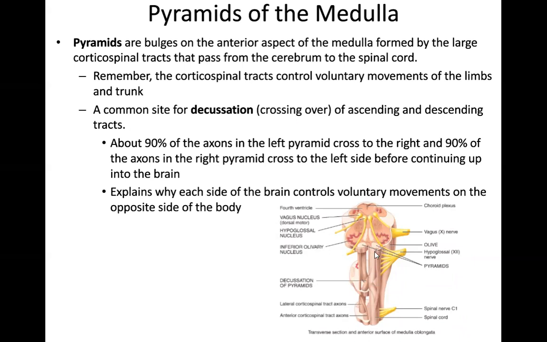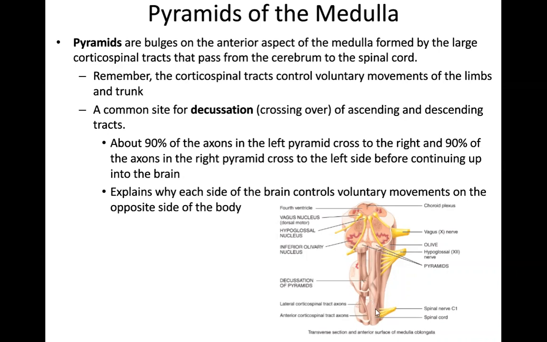And so signals from the left side of our brain actually end up on the right side of our body, which explains why if I wave my right hand, that signal is actually originating in the left side of my brain, and vice versa. Not every signal, but about 90% of the axons in our left pyramid cross to the right and 90% from the right to the left. We'll get into that later in the lecture.